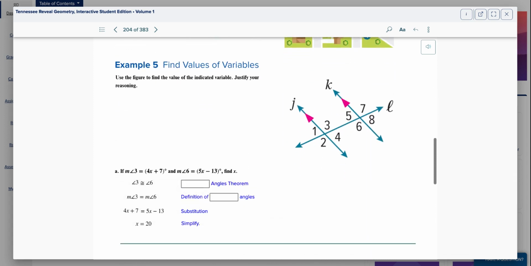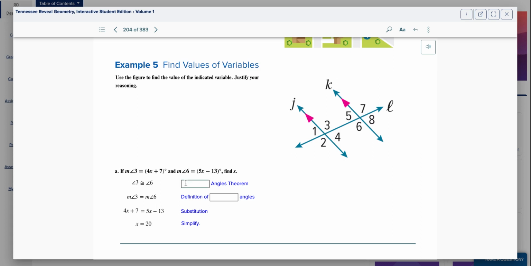All right, example 5. First I'm going to notice that J and K are marked parallel. L is my transversal. What that means to me is 1, 4, 5, and 8 are all equal. 2, 3, 6, and 7 are all equal. So there's angle 3, which is 4x plus 7. It's obtuse. Angle 6, 5x minus 13, also obtuse. They're equal to each other because remember 2, 3, 6, and 7 are all equal.